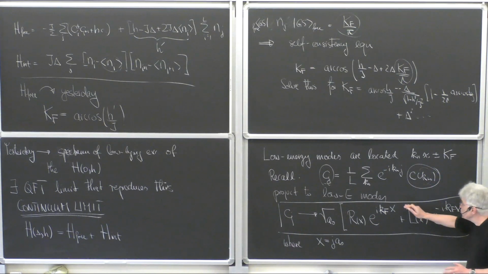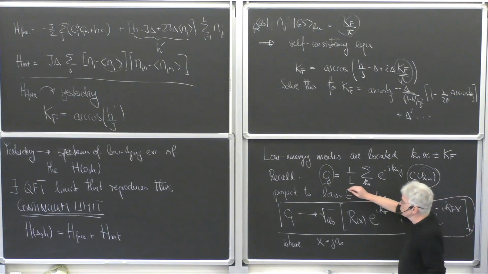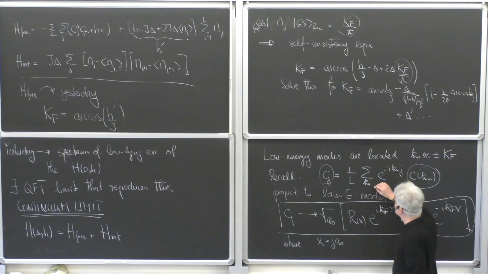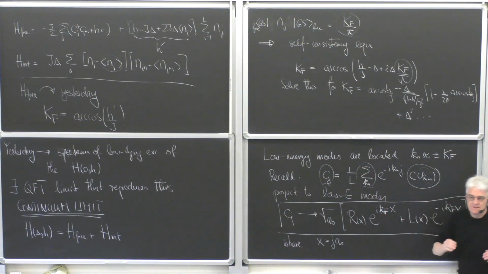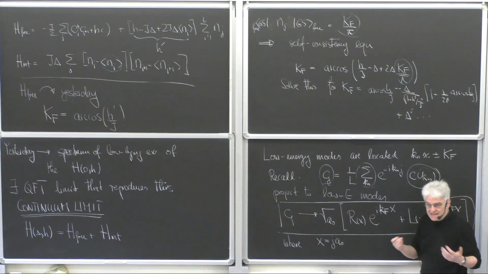So to do the low energy projection, I restrict this sum to two shells, one around kf and one around minus kf.